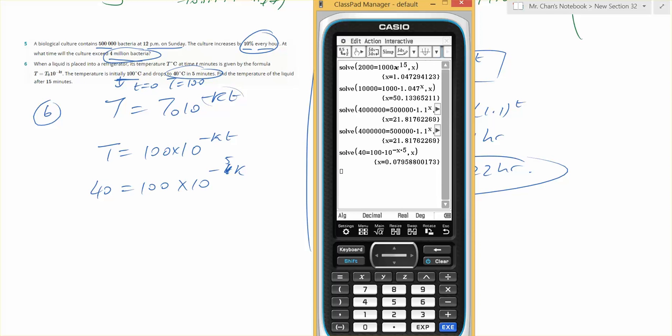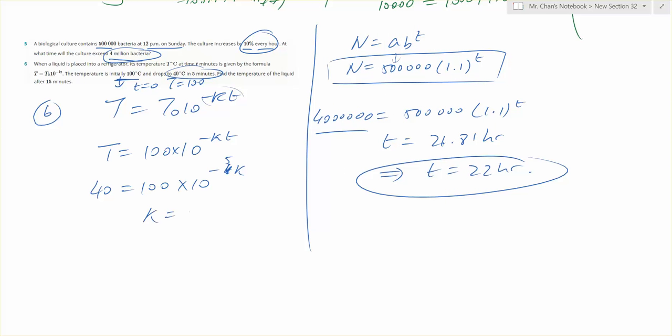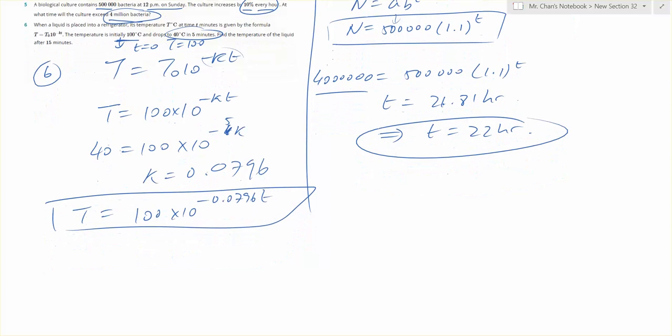And I get 0.0796, so k equals 0.0796. Now, since I've got my k value and my T0, my equation is specified. And that's 100 times 10 to the power negative 0.0796t. So that's my model specified.